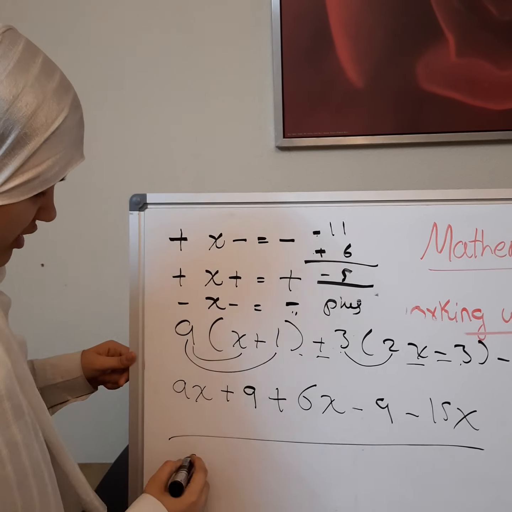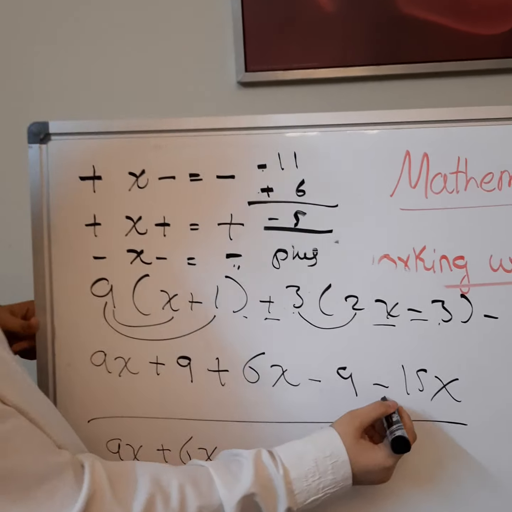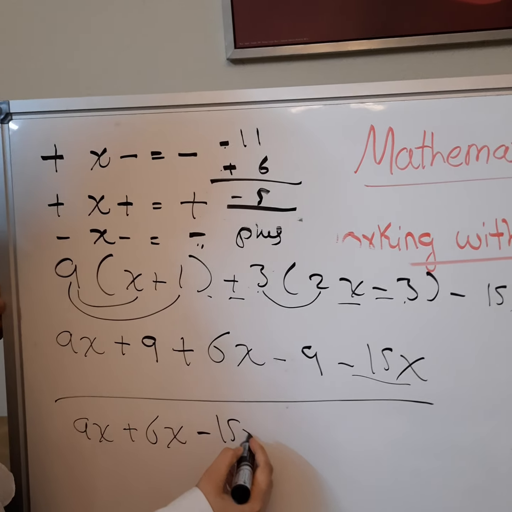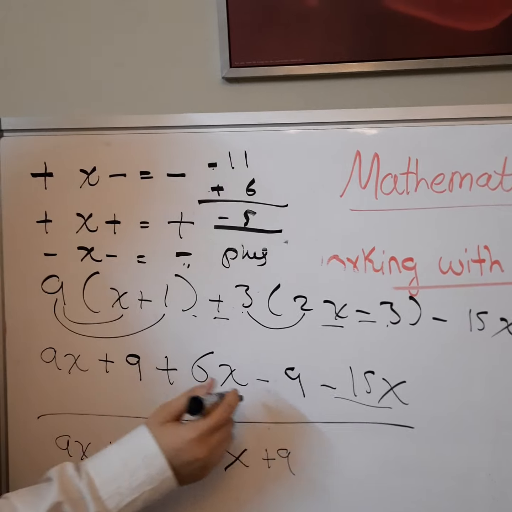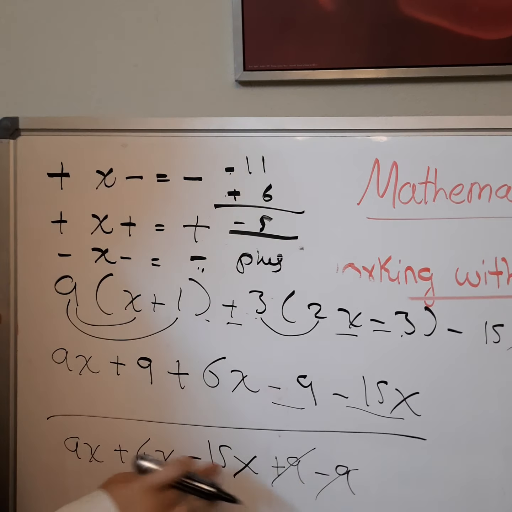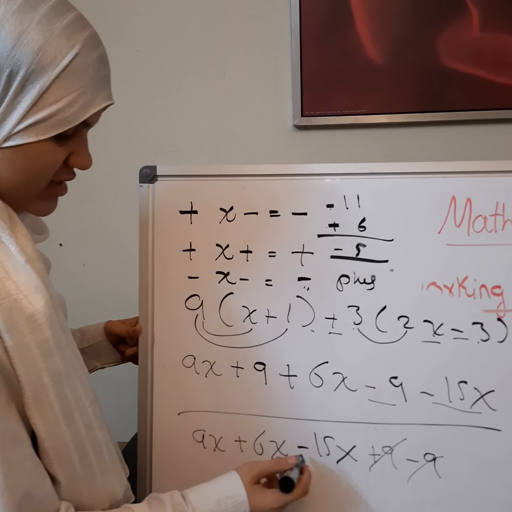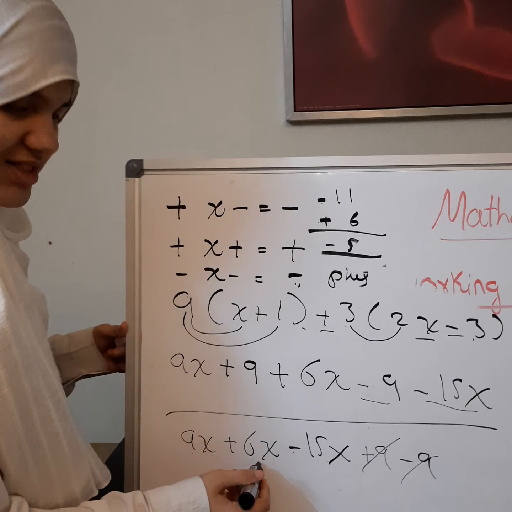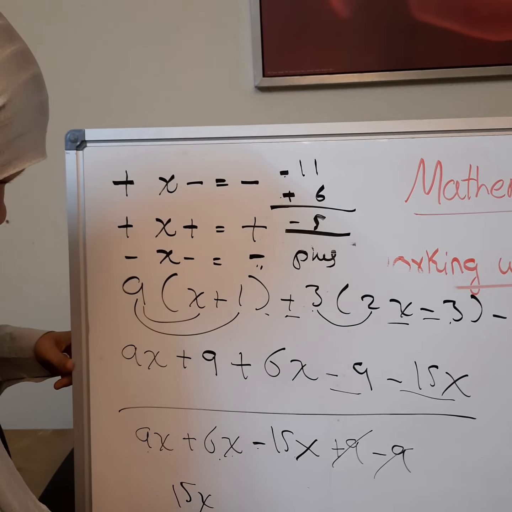After we bring it now here, we'll add the like terms with the like terms. That means 9x plus 6x minus 15x. Here plus 9, negative 9, plus 9 and negative 9, they will be cancelled. Okay, then we have here 9x plus 6x minus 15x. 9x plus 6x, it will be 15x positive.